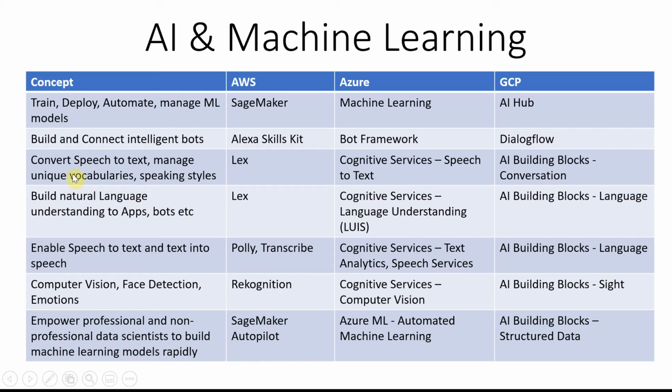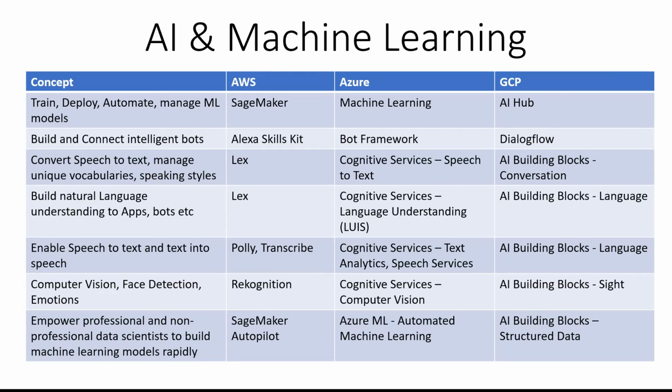Coming to speech, there are a lot of combinations like speech to text, text to speech, natural language understanding, and also dictation, or converting live audio that you receive to text. In this space, we have tools for converting speech to text, and for understanding your unique vocabularies and speaking styles.